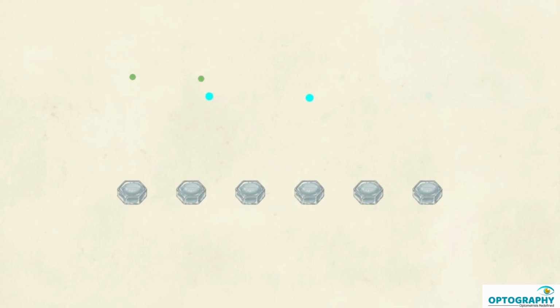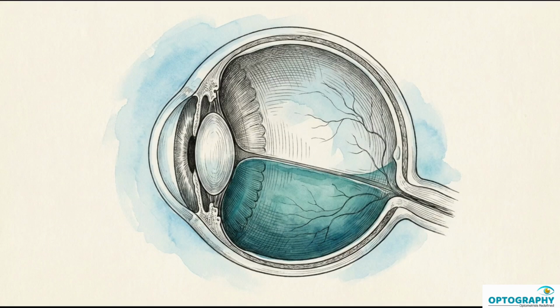These nutrients pass into the tissue because the junctions between the endothelial cells are intentionally leaky. This structural gap allows necessary diffusion to occur, but it is precisely this passive leak that the active cellular pumps must fight against. The cornea operates on a fragile metabolic supply chain, suspended perfectly between the external atmosphere and the internal fluids of the eye.